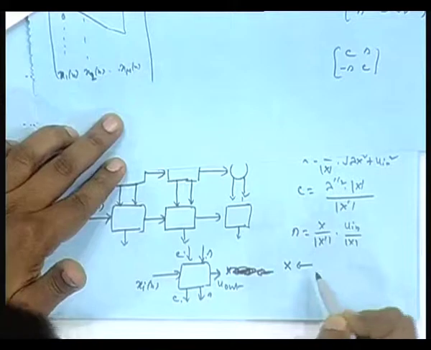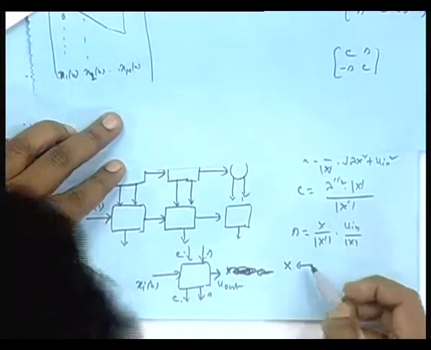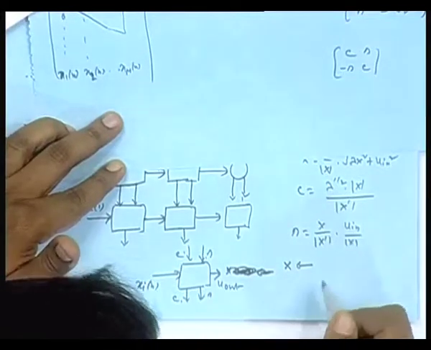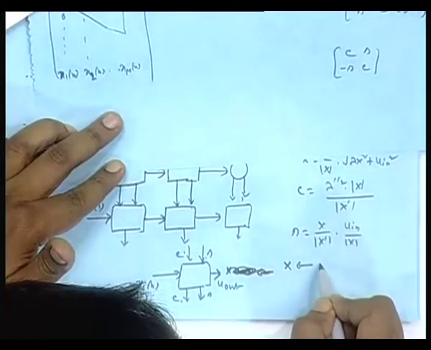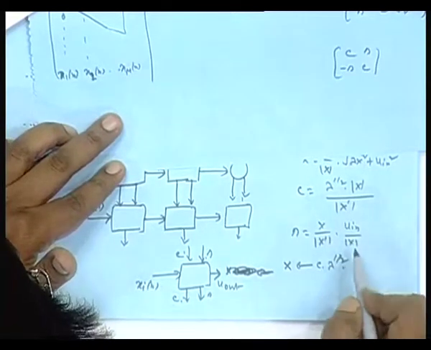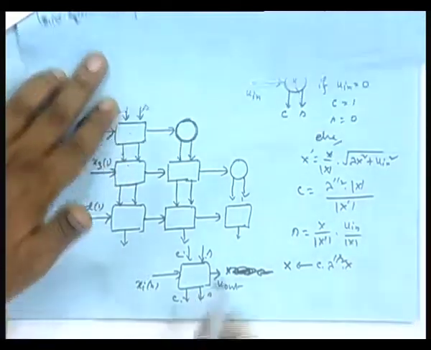That x will be replaced by, I am blindly writing from the book now, that won't help. X will be replaced by what? C times lambda to the power half x, isn't it?